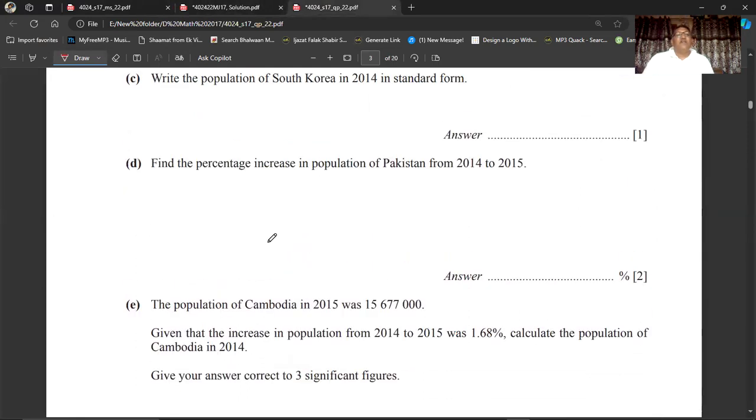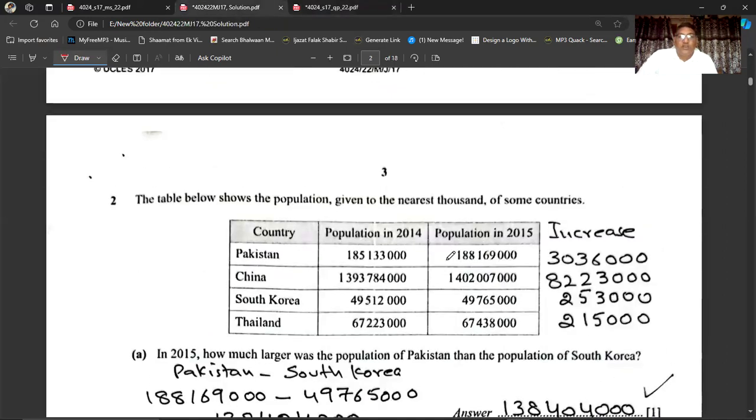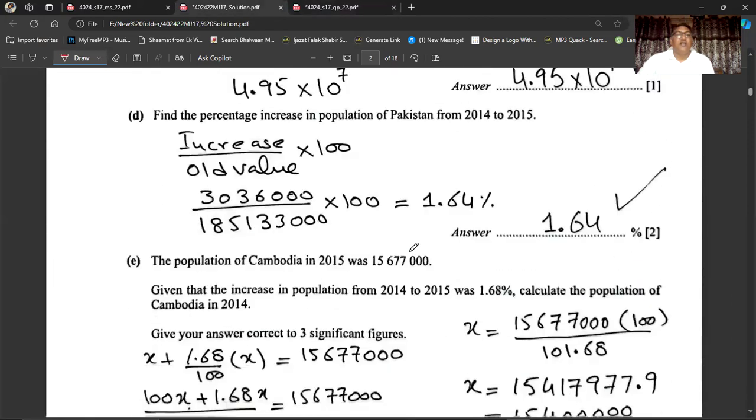And we are going to the next part. Question number 2 is D part. He says, find the percentage increase in the population of Pakistan from 2014 to 2015. So I will note down the population in 2015, the population in 2014, and the increase. How do we find the percentage increase?